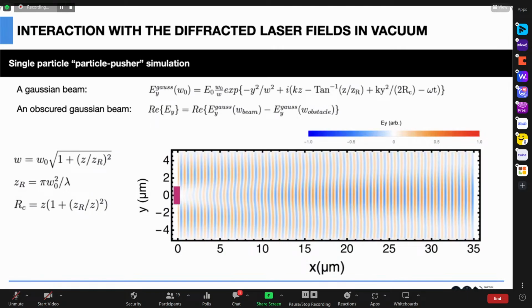If you take just a Gaussian beam and calculate an obscured Gaussian beam, taking one beam and subtracting the shadow in a complex way and calculating the fields, we immediately recreate the diffraction pattern of an obscured Gaussian.